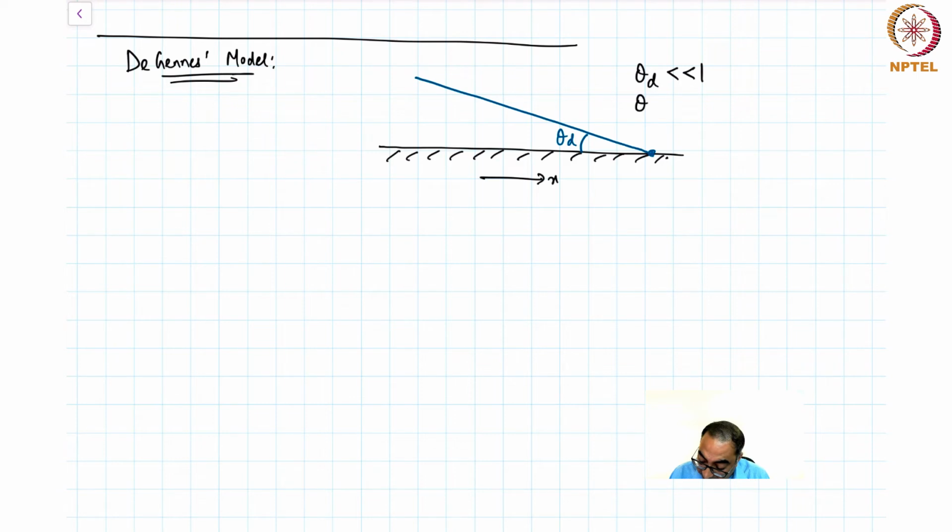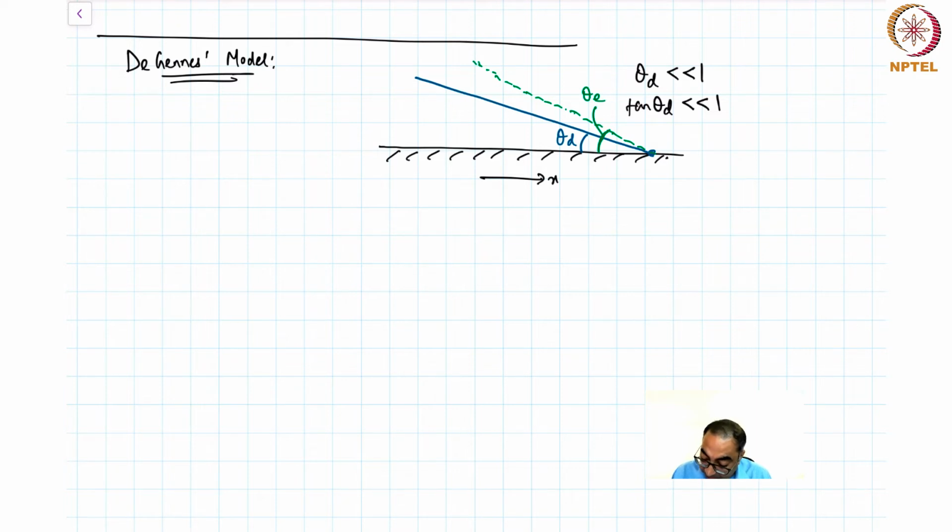If theta d is very small, tan of theta d is also very small. In the absence of any motion, the interface has a different angle. Let's call that theta e.